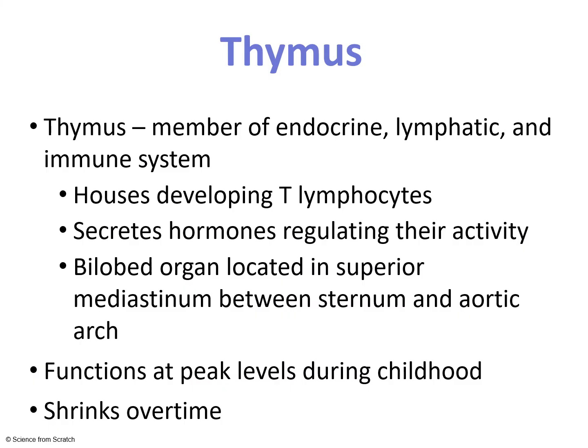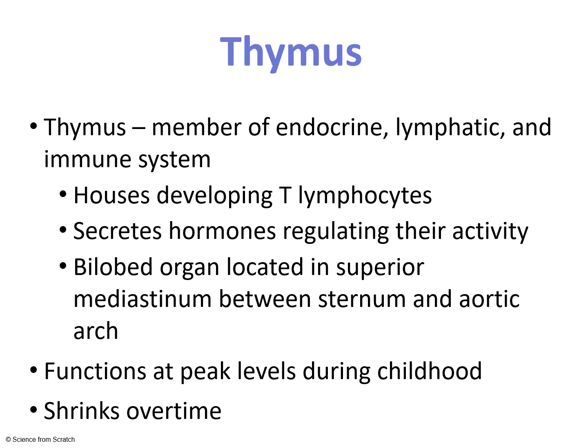The other primary organ is the thymus, a discrete organ. So this is located over the heart. It is large in children and it is tiny in the elderly. It is a member of the endocrine system, the lymphatic, and the immune system. But it's a primary organ of the lymphatic because it will house the developing T lymphocytes.